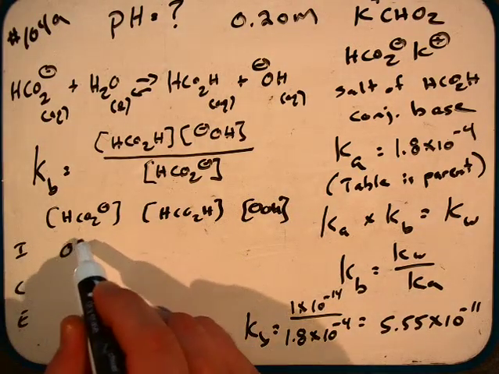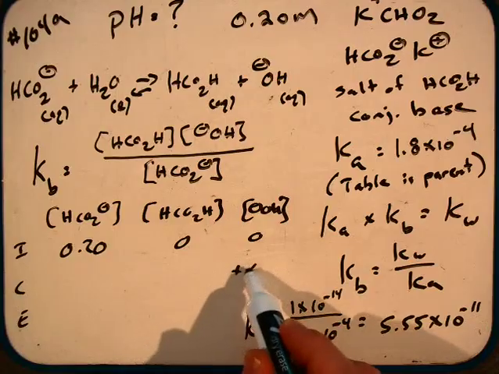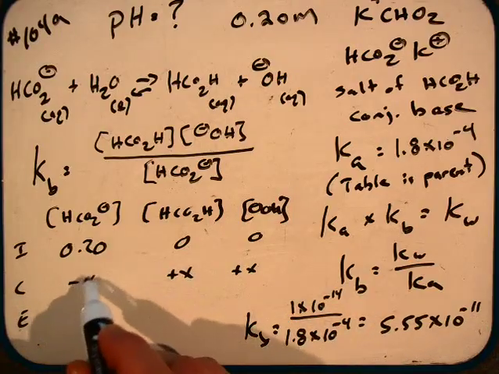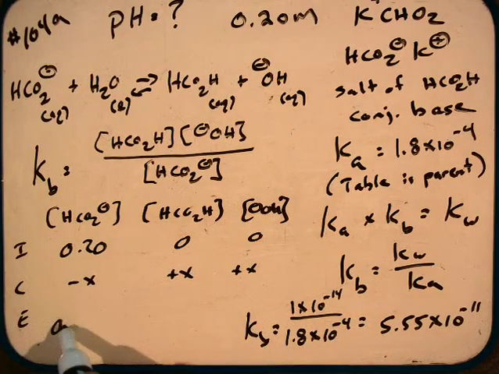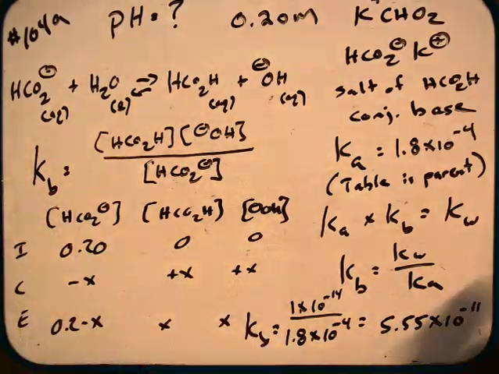We have a concentration initially of our formates, none of our products. That tells us where our positive change is going to occur. And so those are our equilibrium concentrations. So now that we know that, we can use our Kb and plug it in above.